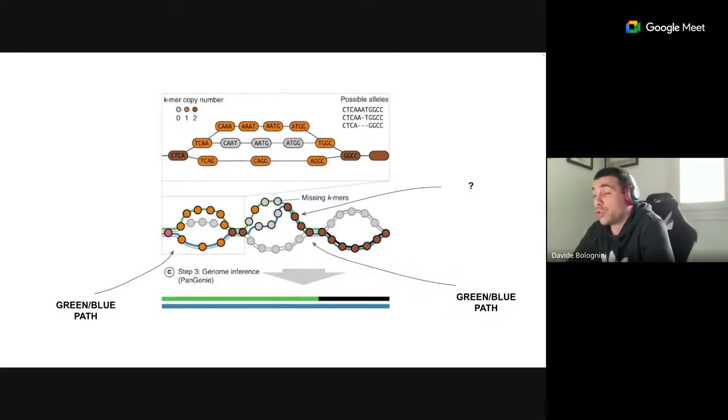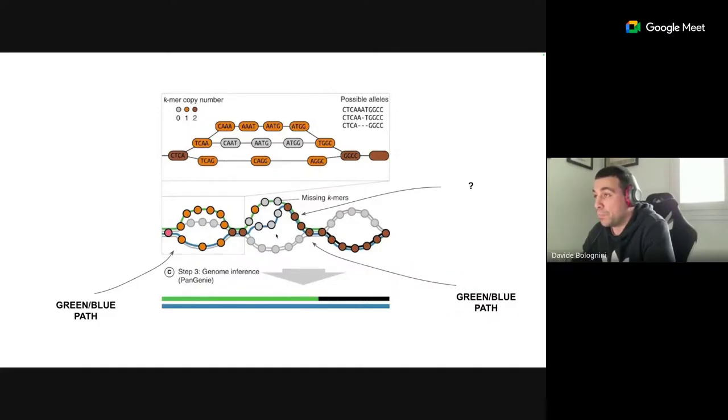And this is also, of course, useful to genotype bubbles that exhibit some uncertainty. For instance, here, in the first bubble, k-mer count suggests that the sample probably carries the alleles of the green and the blue haplotypes, while in the second bubble, because this is poorly covered by k-mers, you may have some uncertainty.